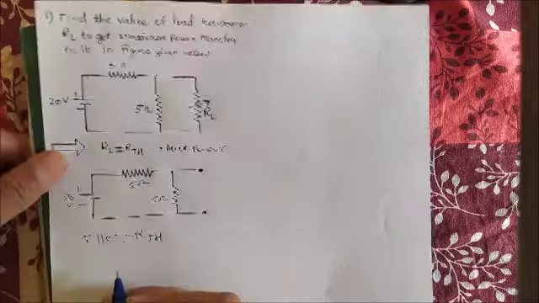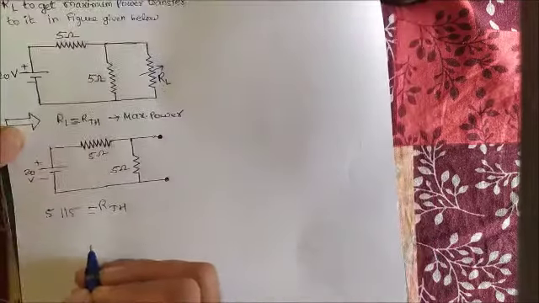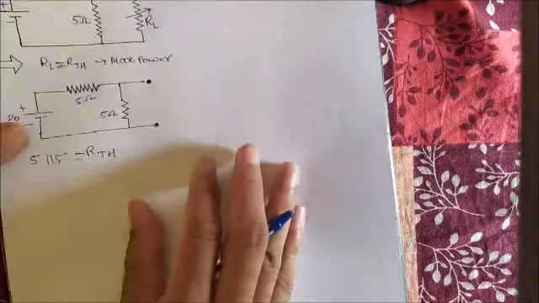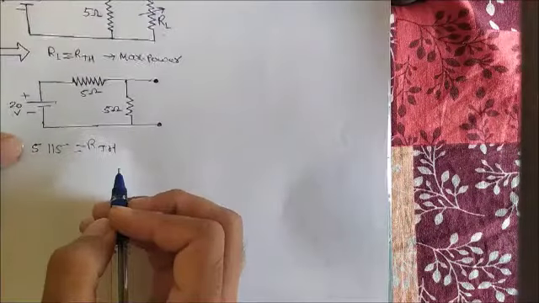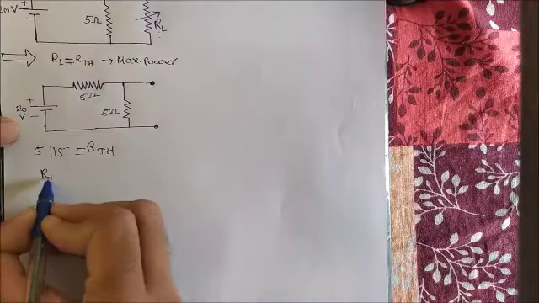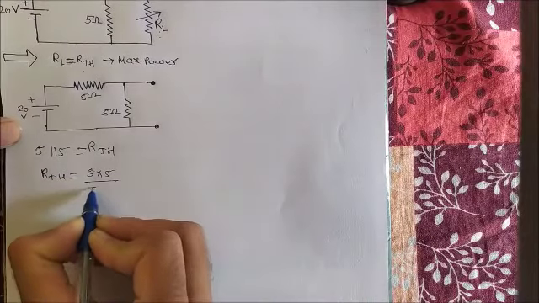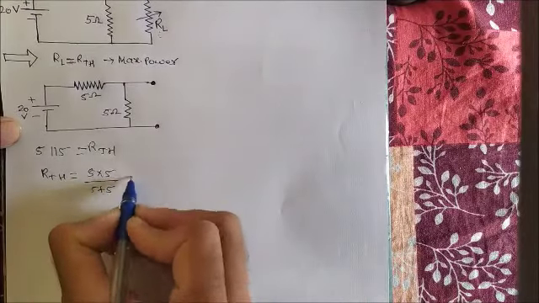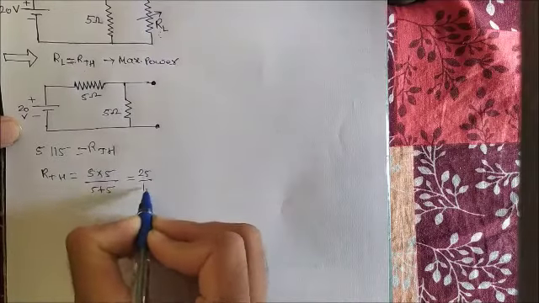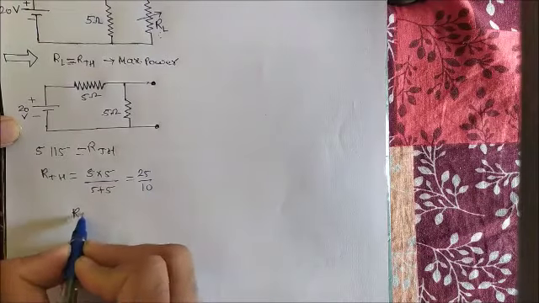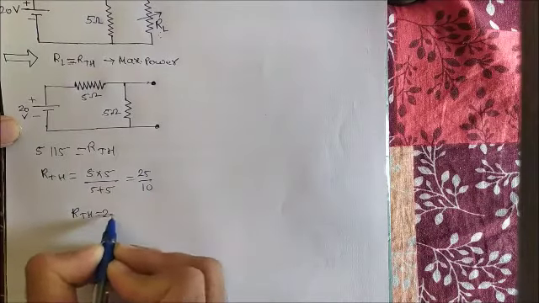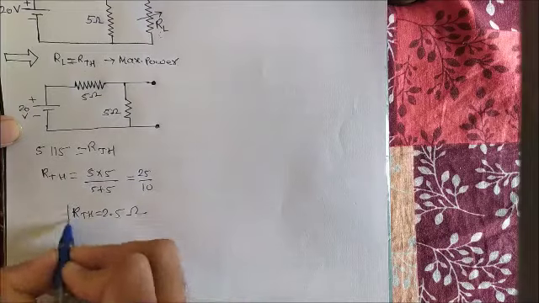Solve this. RTH is equal to 5 multiplied by 5 divided by 5 plus 5. So this is 25 divided by 10. Your RTH is equal to 2.5 ohm.